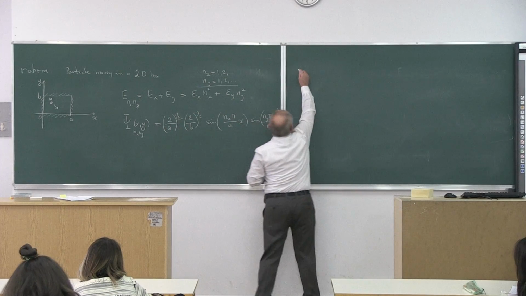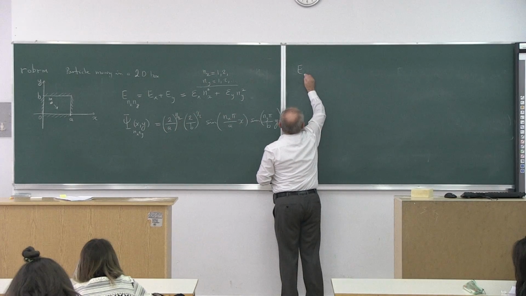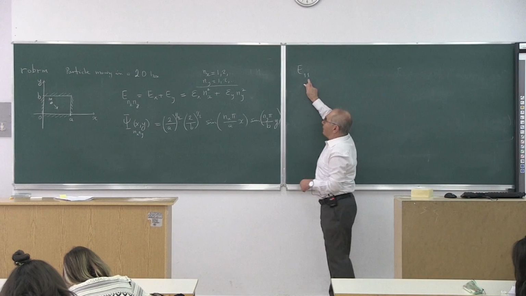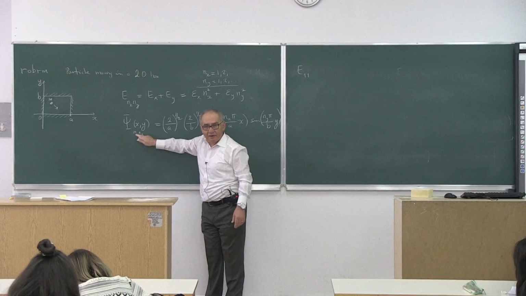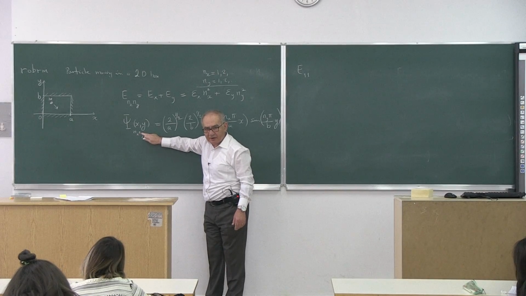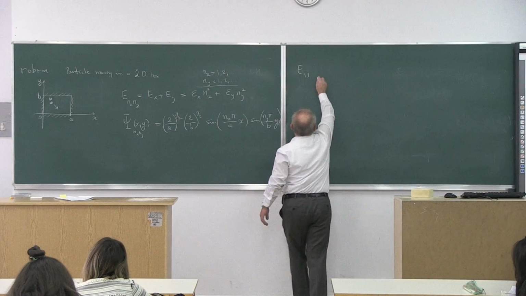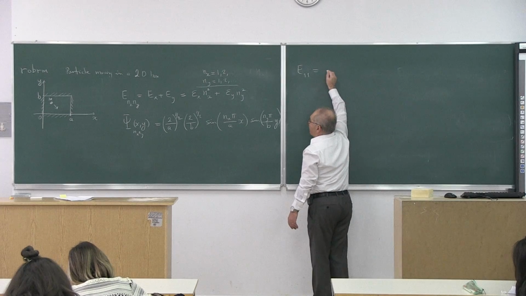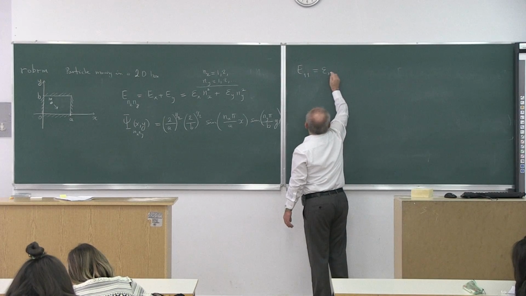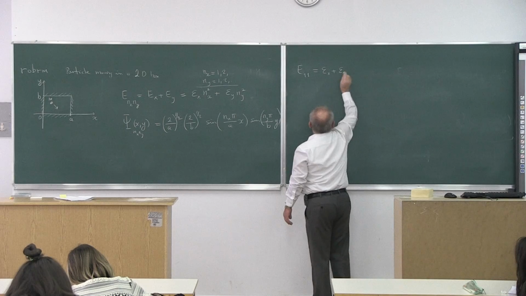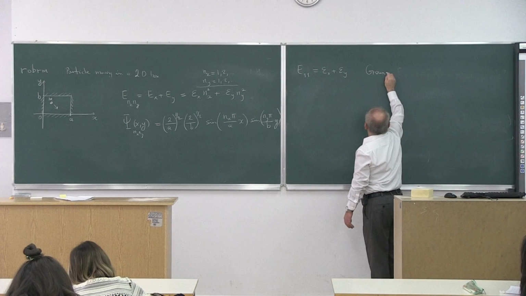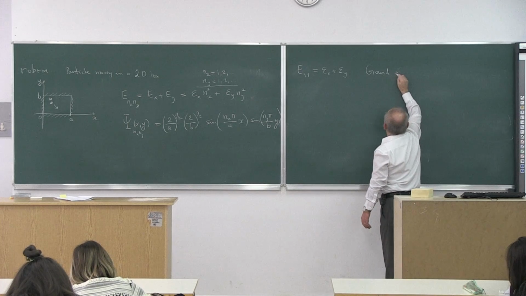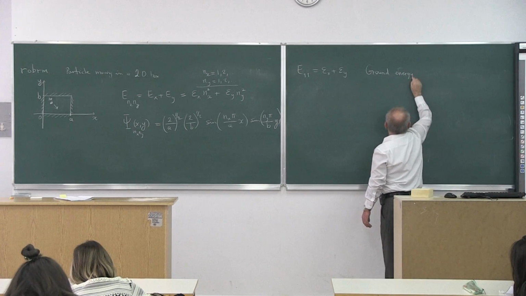So I can write 1, 1 means nx is selected as 1, ny is also selected as 1. This is the lowest. What is it? This is the ground energy level.